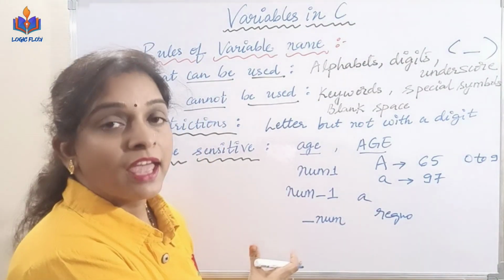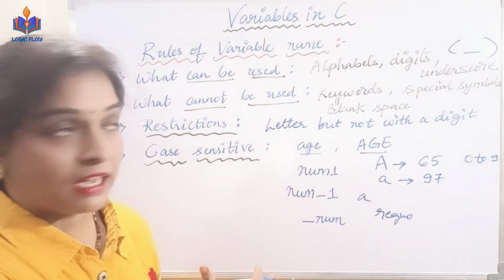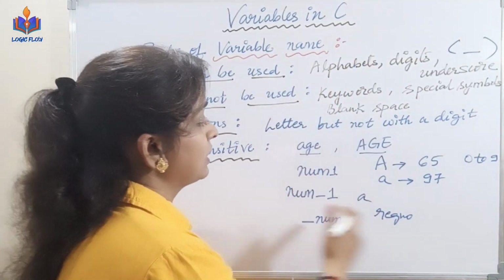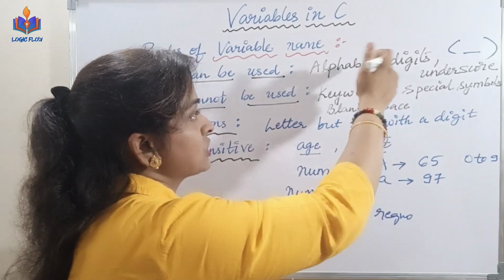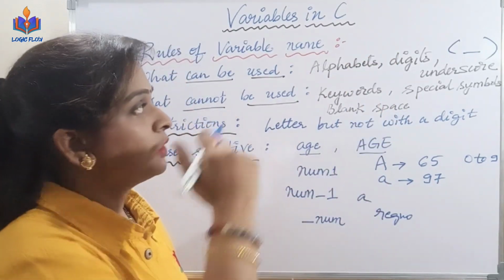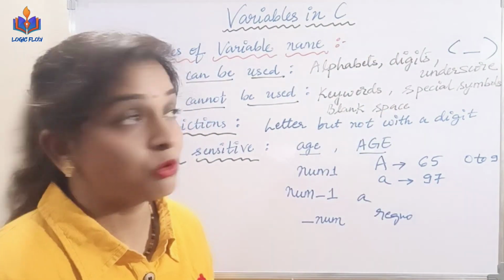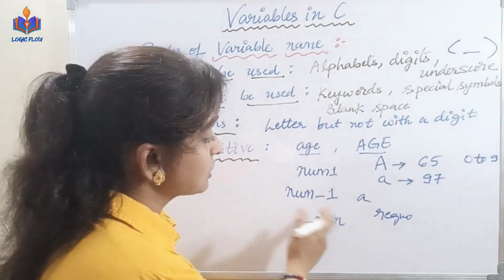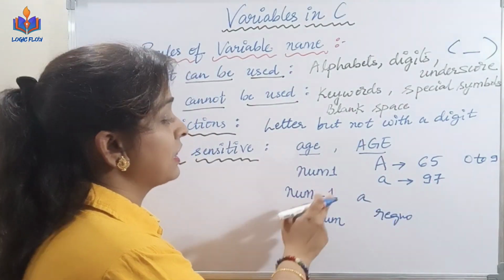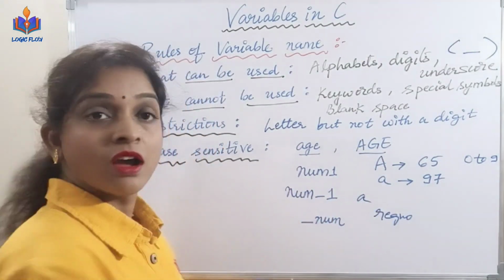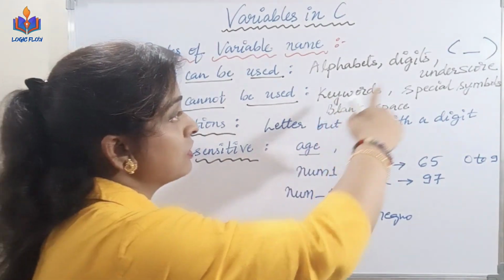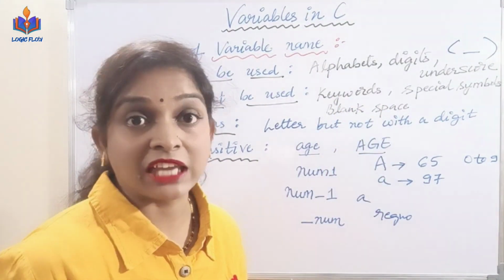This is also a valid variable name. These are all valid variable names, following the rule that you can use alphabets, digits, and underscore.